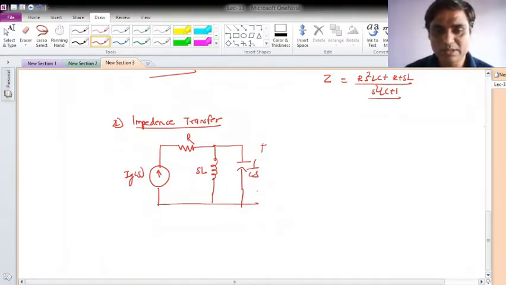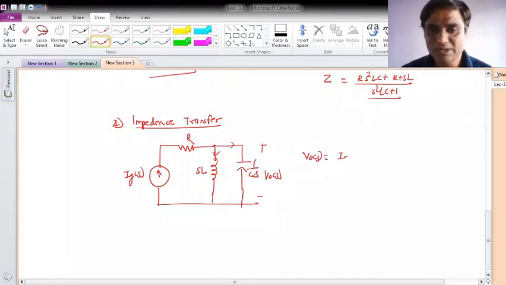Let me take my output voltage or response as V0 of S. Current will flow in parallel form, and V0 of S will become Ig of S into the impedances which are in parallel, SL and 1 over Cs, because this is the current Ig of S here.